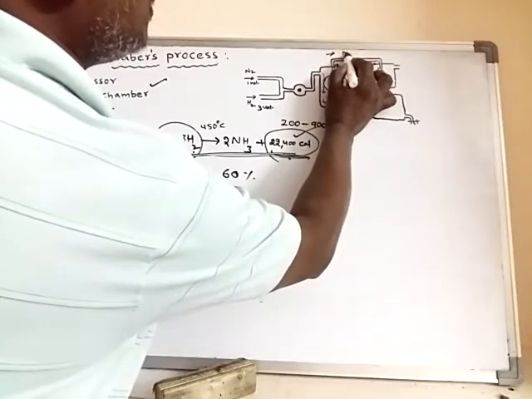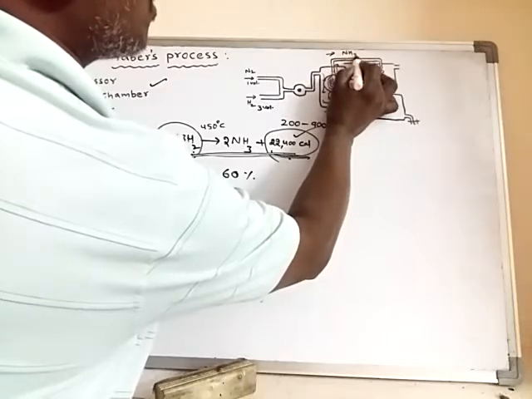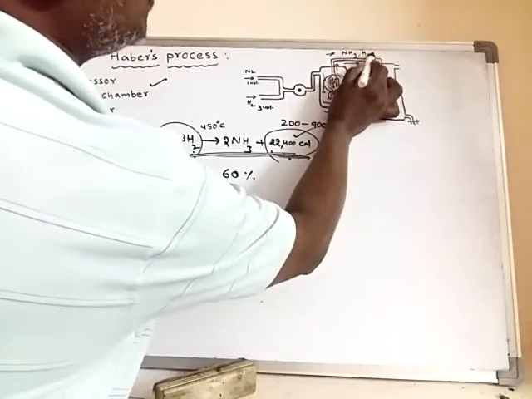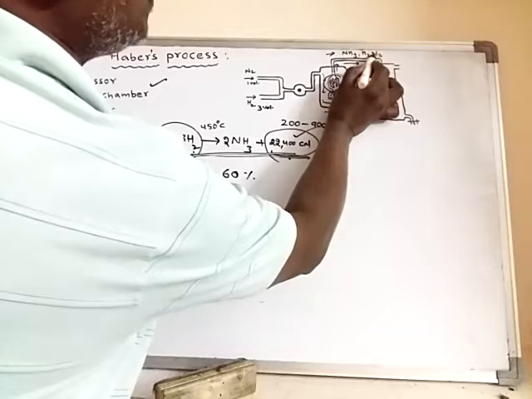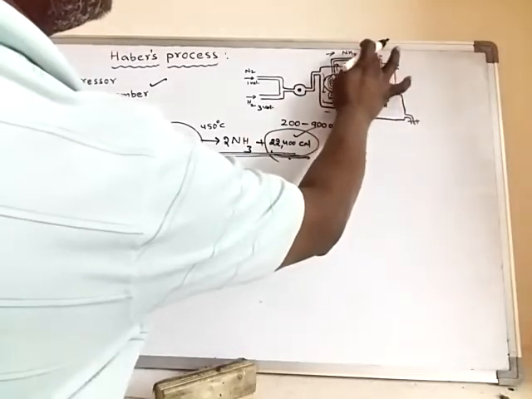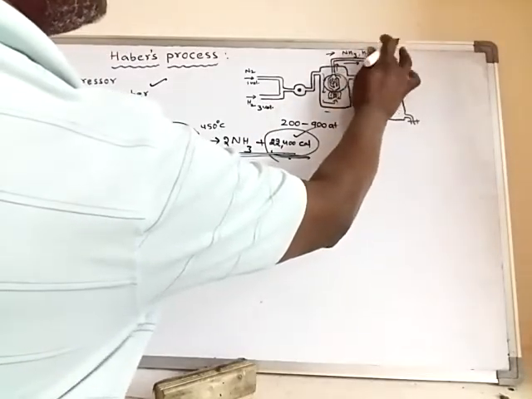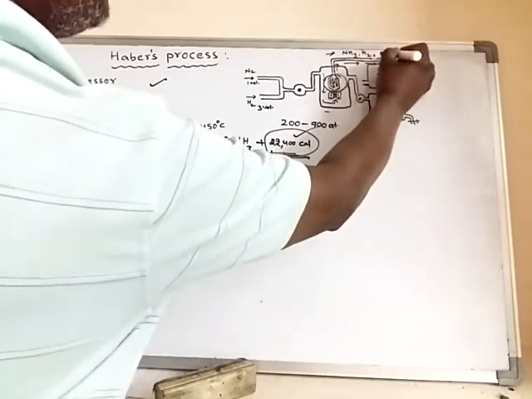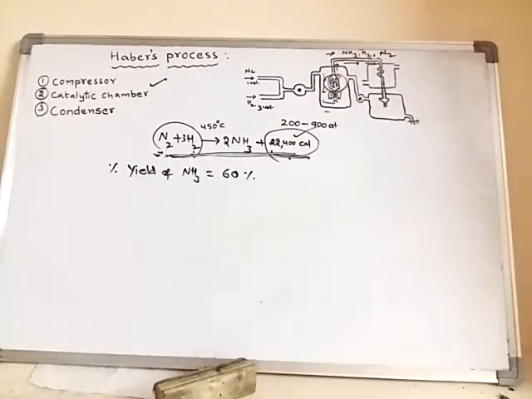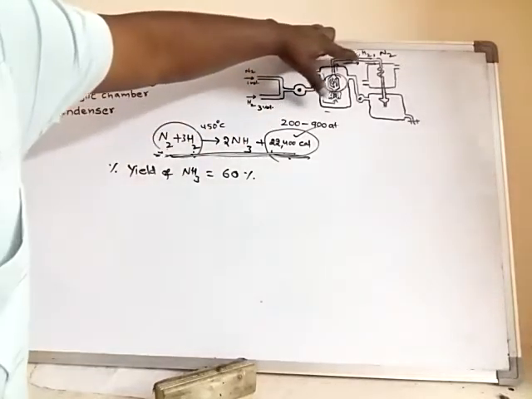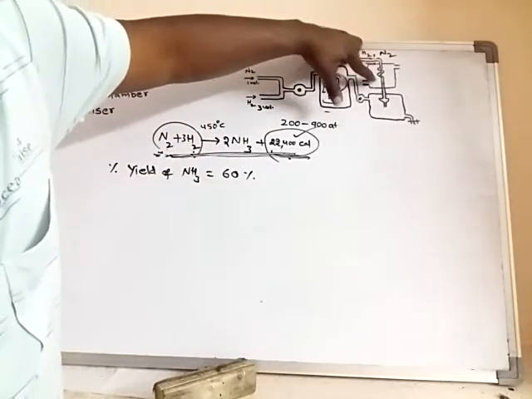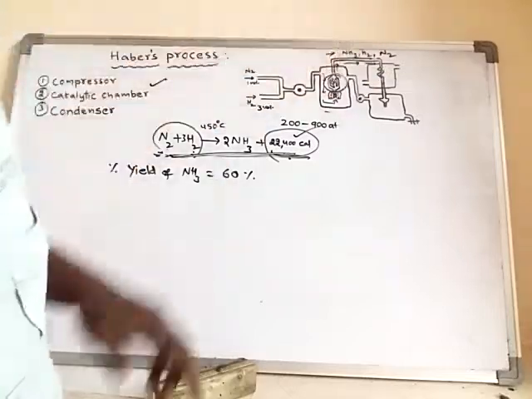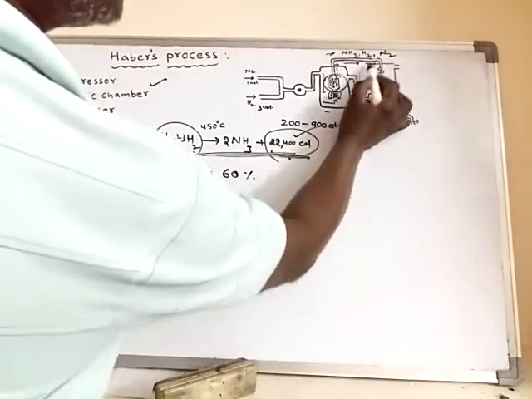It contains ammonia, hydrogen and nitrogen mixture. This ammonia, hydrogen and nitrogen mixture will enter into this area, which is called the condenser.